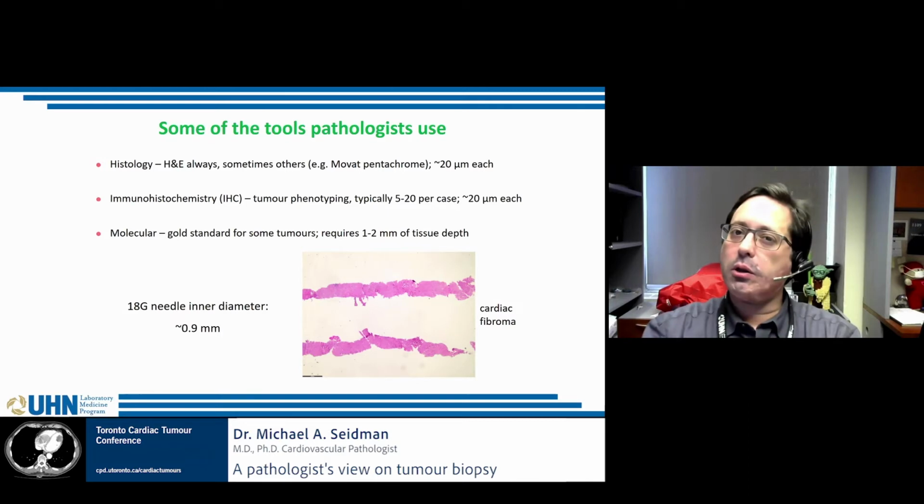Immunohistochemistry has really become one of the workhorses of tumor phenotyping, and it'll typically take between 5 and 20 stains, plus or minus, to identify the type of lesion in a particular case. Each of those takes another 20 microns.